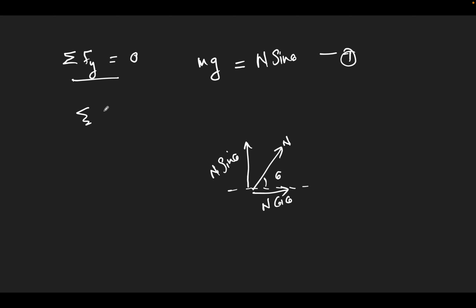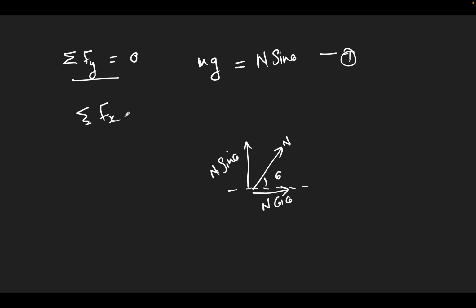Now we know, since it is in equilibrium, the net force in the horizontal direction must also be 0. That means the force ma must be equal to minus N cos theta. Magnitude wise, ma must be equal to N cos theta.